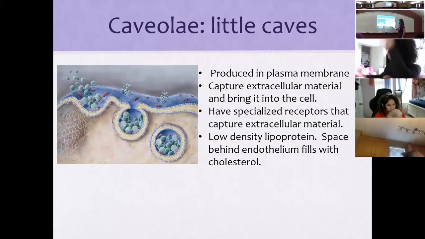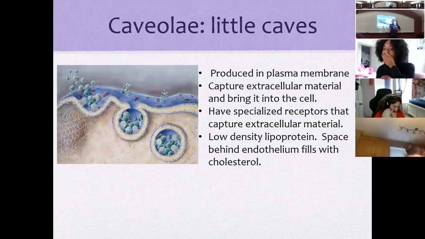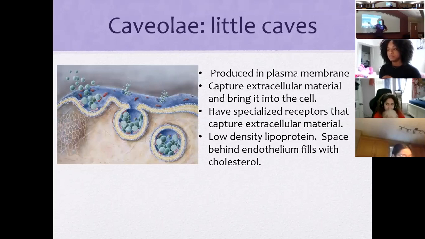So here I have something that I need to bring into the cell. The problem is if I just open this, I'm going to destroy the cell membrane. I need to be very careful not to do that. I need to keep that cell membrane intact. So what I'm going to do is I'm going to start laying down phospholipid bilayer, and I'm going to encapsulate whatever it is I'm bringing into this cell.